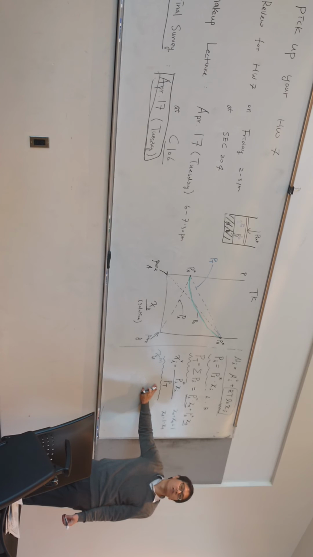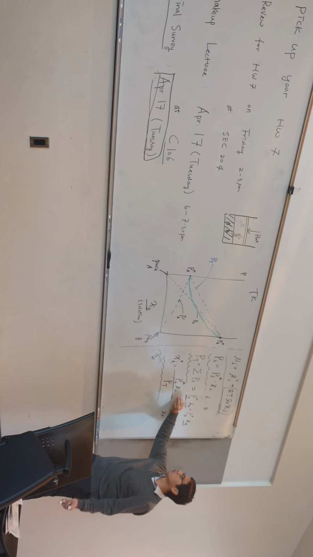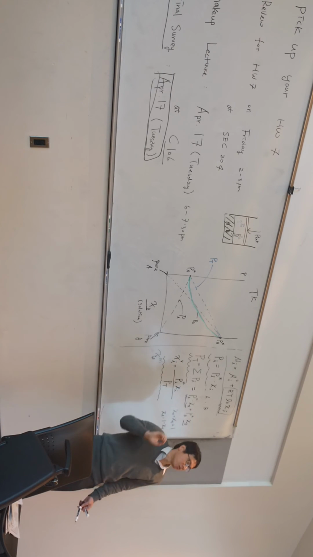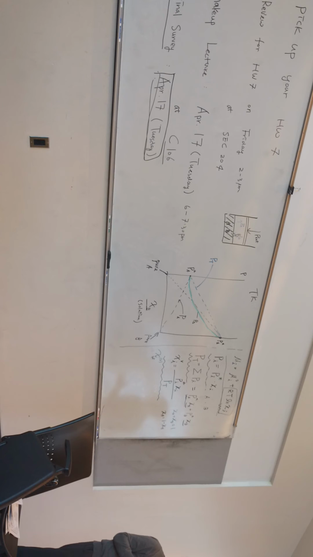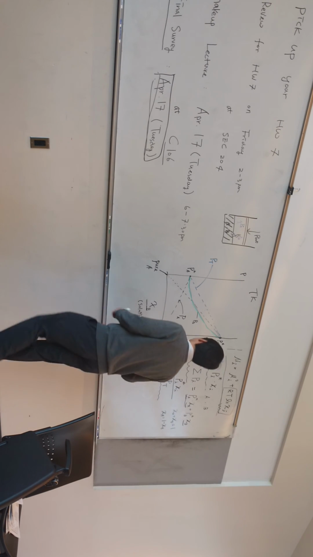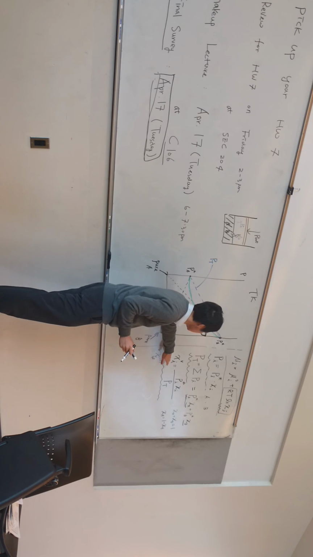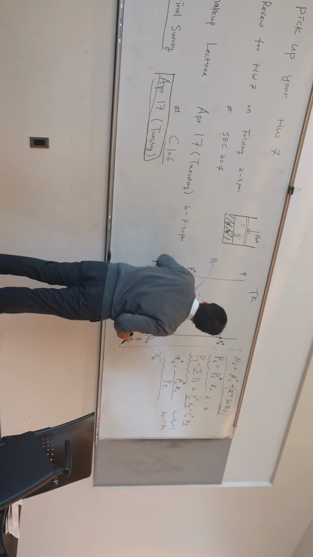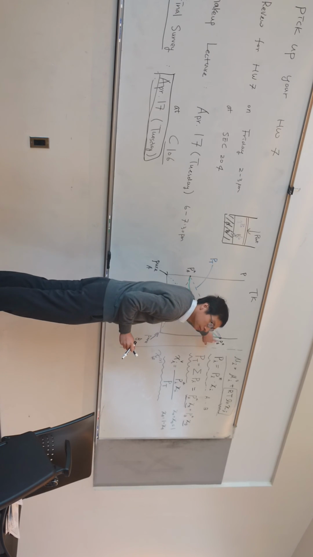If it's more volatile, your numerator will become larger, therefore the population of that specific component in the vapor phase will increase. So this is how you calculate the chemical compositions in the vapor phase. If you do that for every single composition, then you can map out this curve.